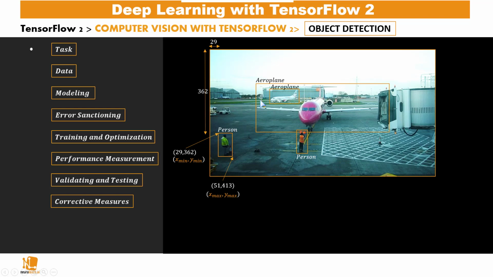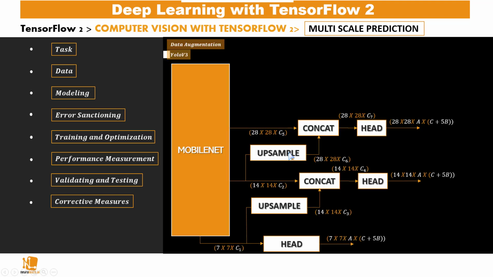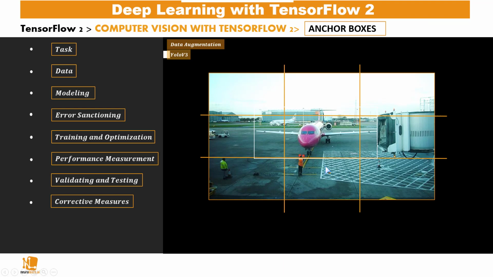So why not have, say, 3 different outputs where each output has a different grid size and is specialized on a given type of object based on its size. The YOLO version 3 model looks like this. Here we replace it with a darknet model, and so we would have the 3 different predictions: 7x7, 14x14, and 28x28. So here's grid size 28, here 14, and here 7.